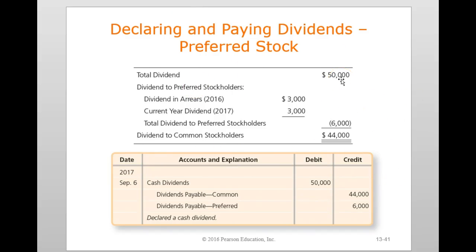Total dividend is $50,000. They're going to pay that 2016 $3,000, and they're going to pay the 2017 $3,000, for a total of $6,000, because this one, whether the dividend happened or not, is owed. So when you get down to the bottom, this is the amount that is left for the common shareholders, and that's what will be distributed among the common stock.